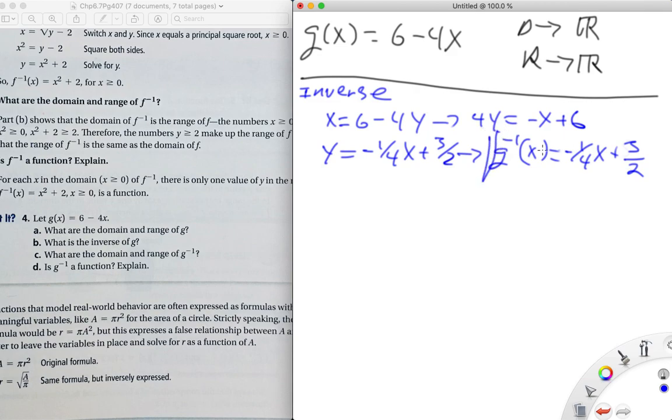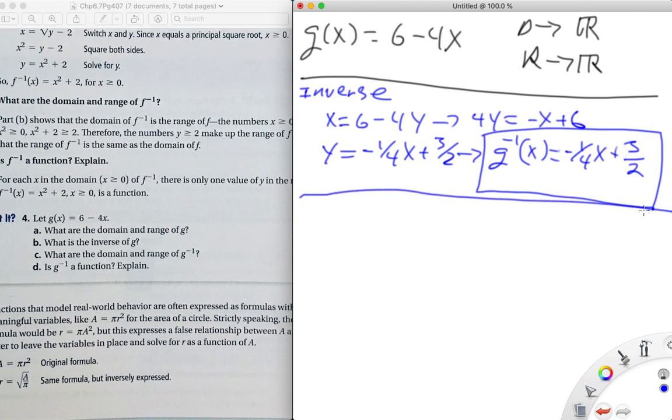Alright, so that's our inverse. So if I was to switch the domain and range, those guys would be exactly the same. So the domain of the inverse is all real numbers. The range of the inverse is all real numbers.